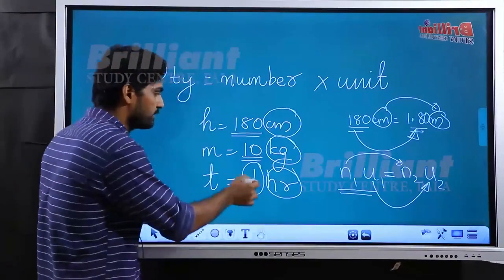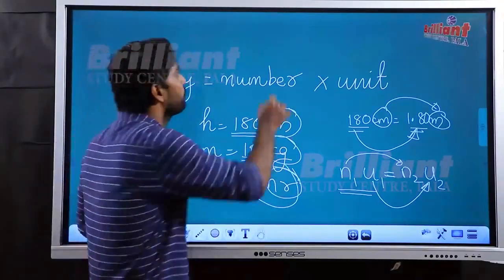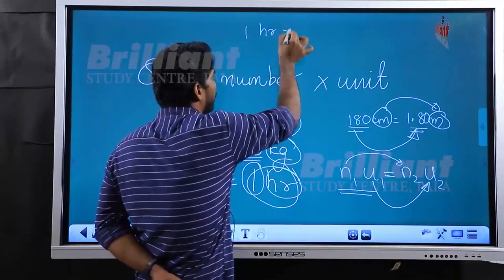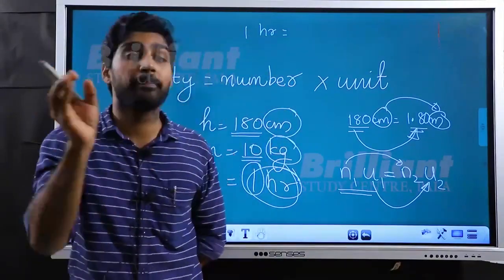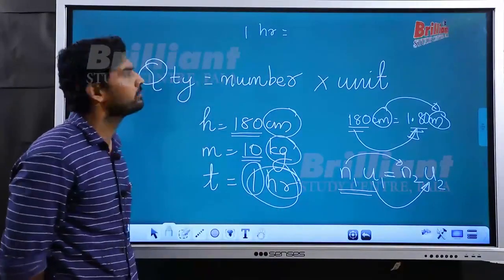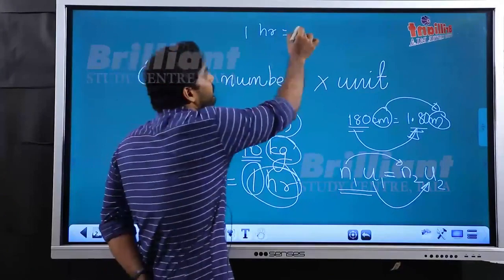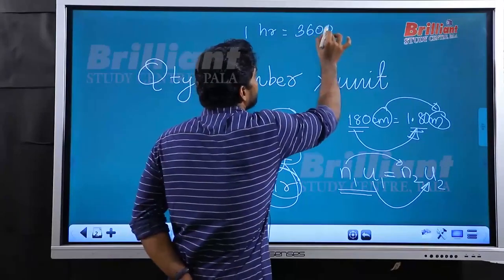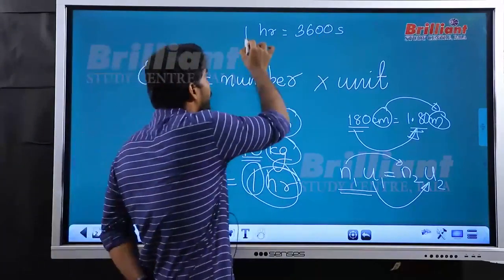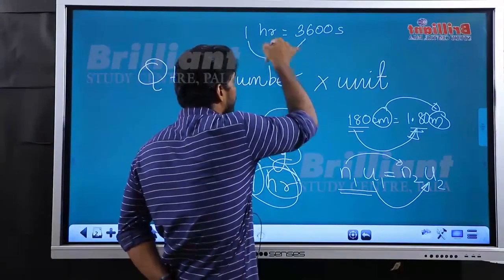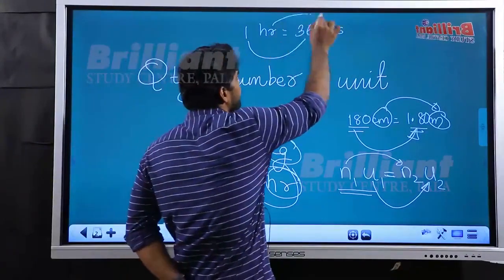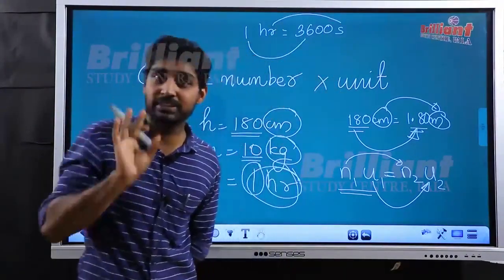Now, let's take another example, 1 hour. Suppose someone wants to represent that in seconds. How many seconds are there in 1 hour? It's 3600 seconds. Here the numerical value has changed, the unit has changed, but is there any difference in the physical quantity?